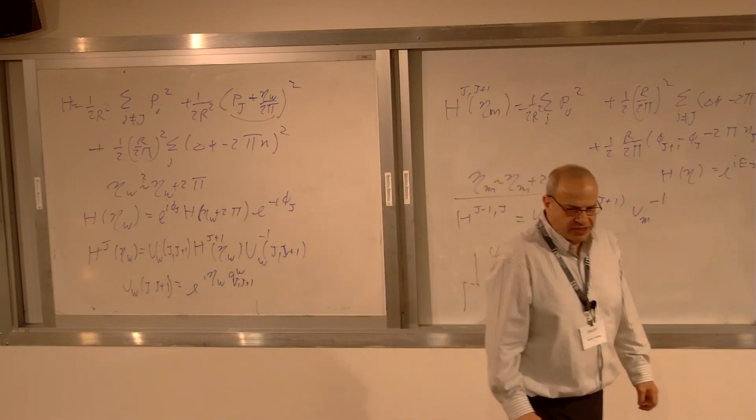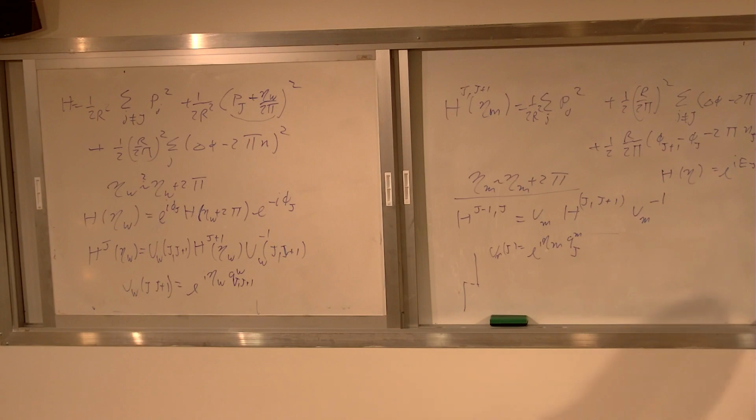Now we see the first subtlety in this model. Imagine we have a bunch of defects. So we have one defect coming here, we say eta m. And another defect coming here with eta w.